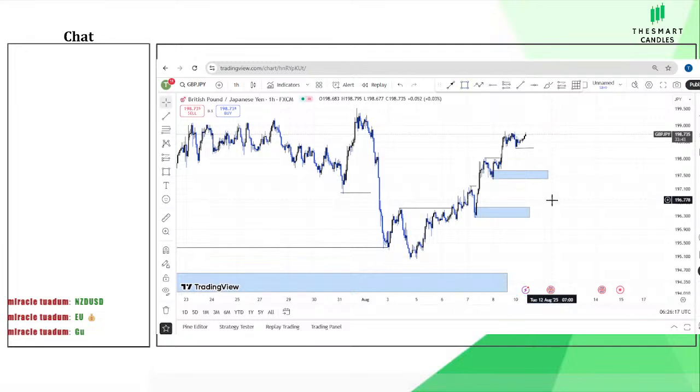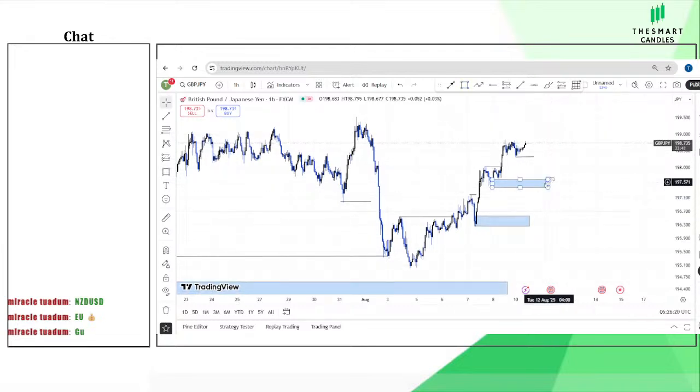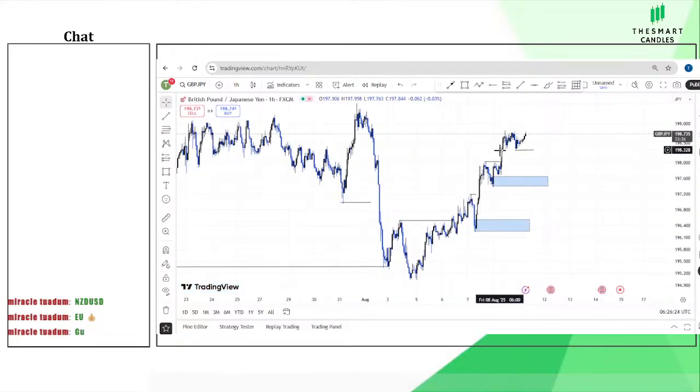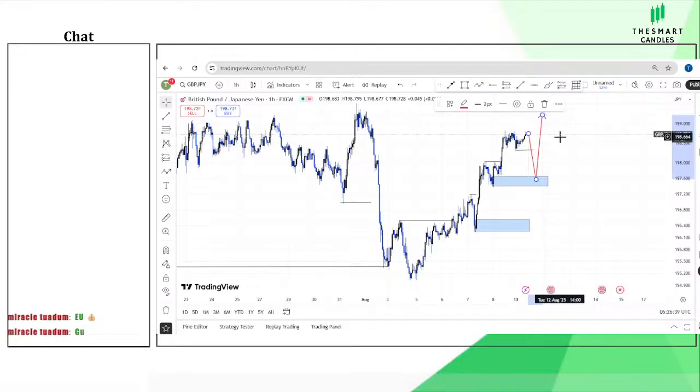So this is where I want to see price coming back into to continue the bullish intent. At this point, we have an inducement. So don't think this is the order block. This is the right order block. This is an inducement. So we want to see price come back into this zone and continue to the upside.